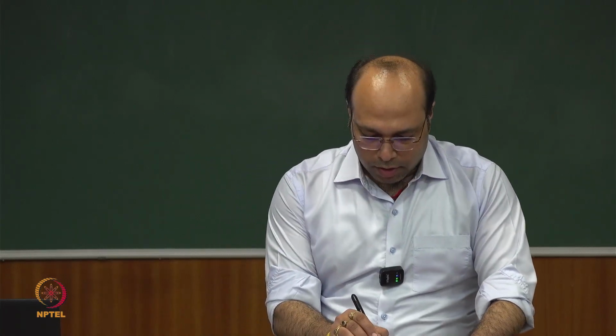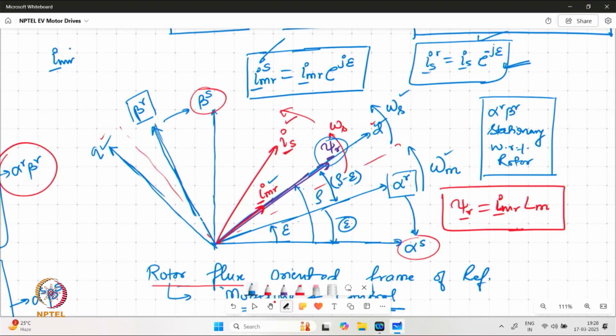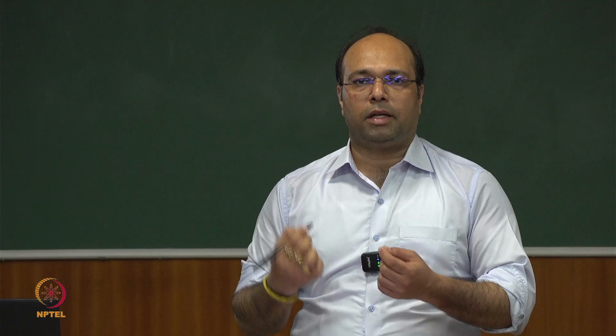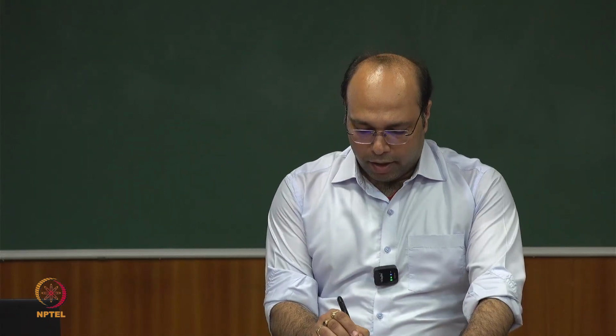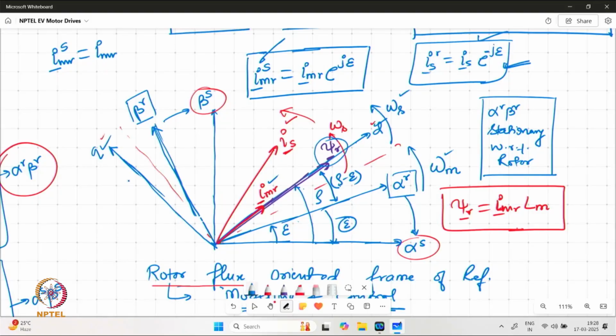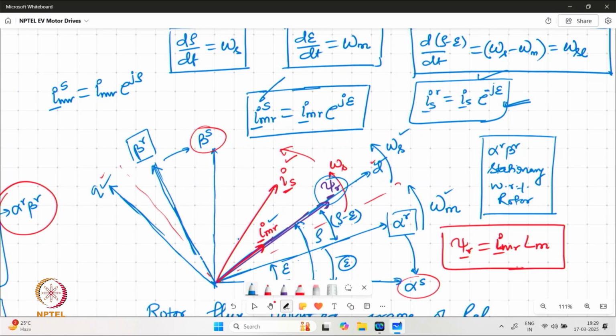So this vector IMR in a stator frame of reference can be represented by having a certain magnitude and a certain angle. Say this magnitude is IMR, and at this point of time this vector is making angle rho. In general, a vector which is rotating with this speed and forming an angle rho at the given point of time can be represented in this manner.